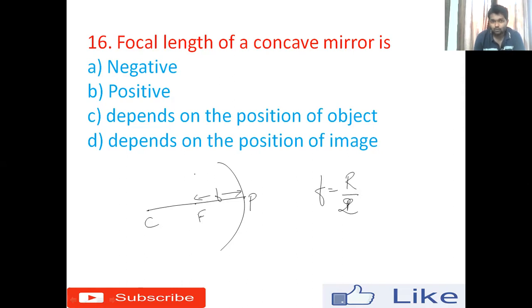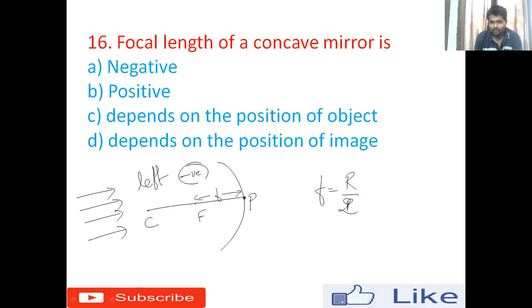Example. So remember, in your mirror, light always comes from the left side of the mirror, right? So all the measurement must be started from the pole of the mirror. Any measurement opposite to the direction of the light will be taken as negative.